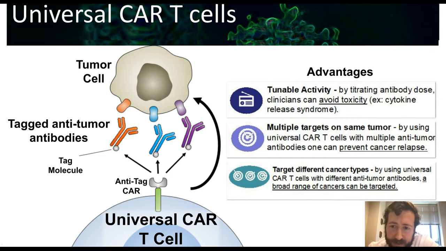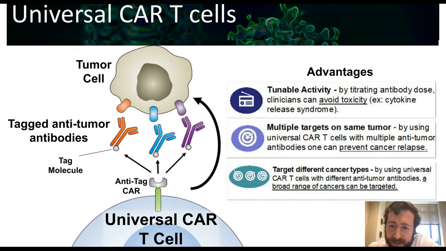And in dosing more slowly, you could potentially avoid toxicity by ramping up the amount of the anti-tumor activity in the patients. This also allows the clinician to target multiple different antigens or proteins on the same tumor cell by applying different anti-tumor antibodies with the universal CAR T cells, as you can see here in this diagram.